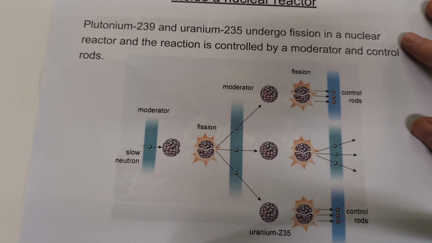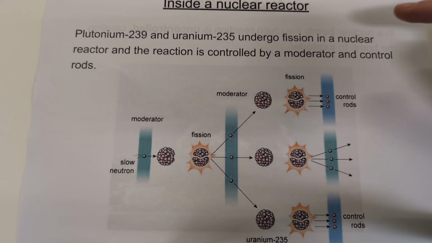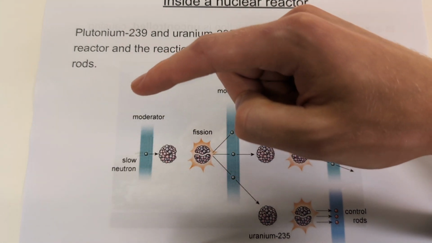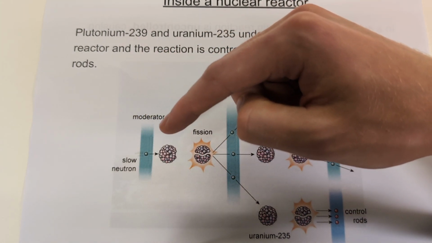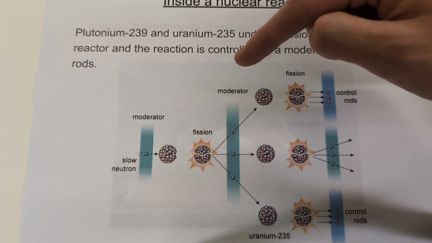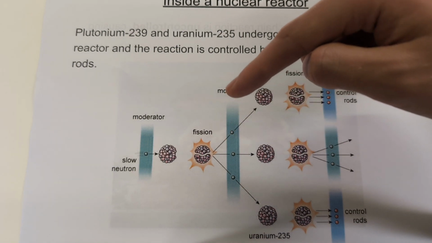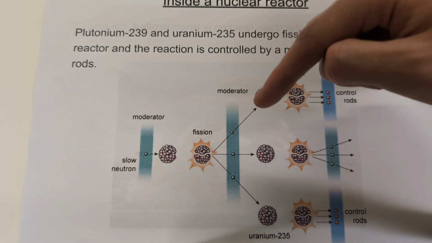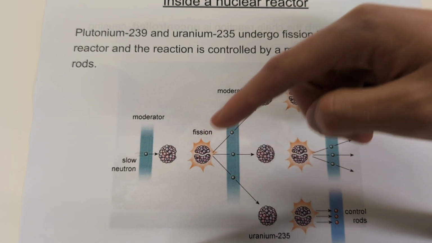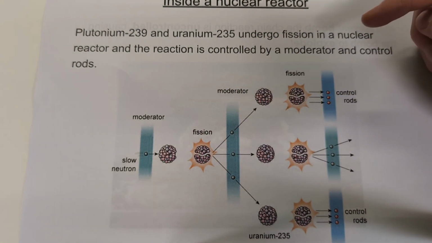Inside the reactor, plutonium-239 and uranium-235 undergo fission, and the reaction is controlled by the moderator and control rods. In comes a fast neutron that gets slowed down by the graphite moderator. This hits the uranium nuclei, fission occurs, producing two smaller daughter nuclei and three neutrons, which again hit the uranium nuclei.